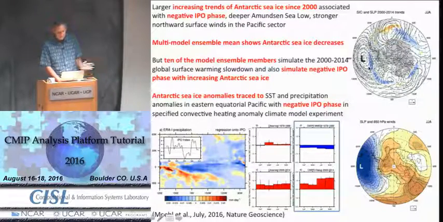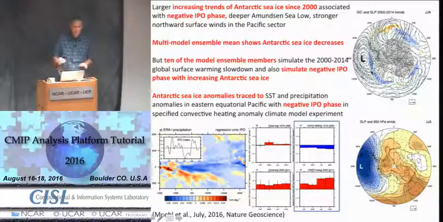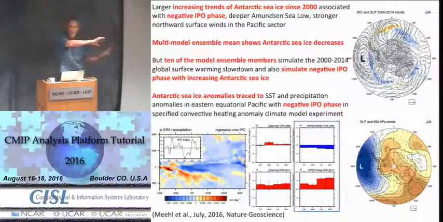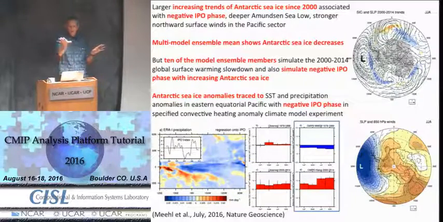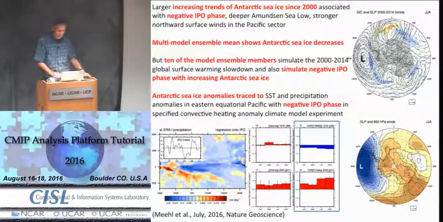And that means, because the circulation is going around the low in a clockwise fashion, you're getting surface winds over here in this area that are blowing away from Antarctica. So these surface winds are pushing the sea ice out away from Antarctica. As it's pushing the sea ice out, more sea ice fills in behind because it's still really cold, and you're expanding the edge of the sea ice.